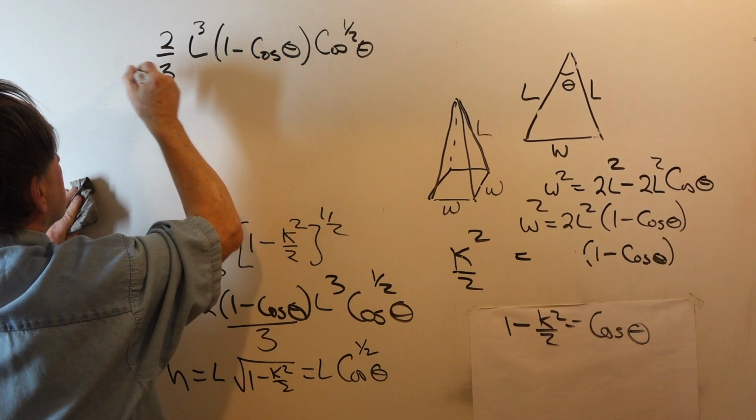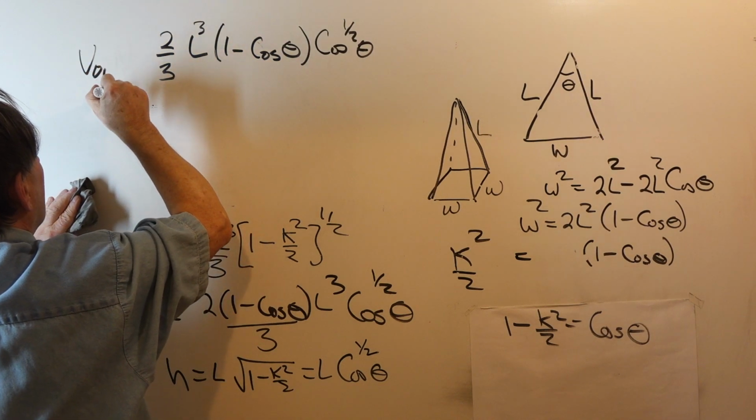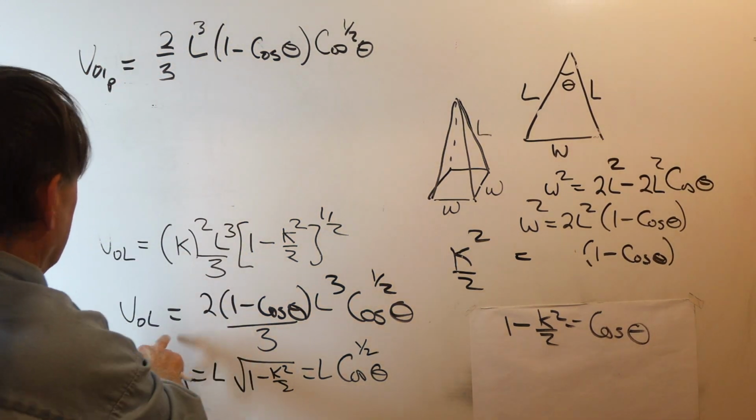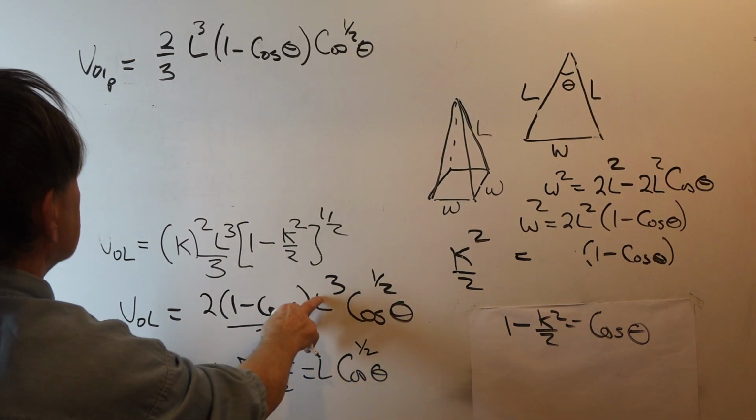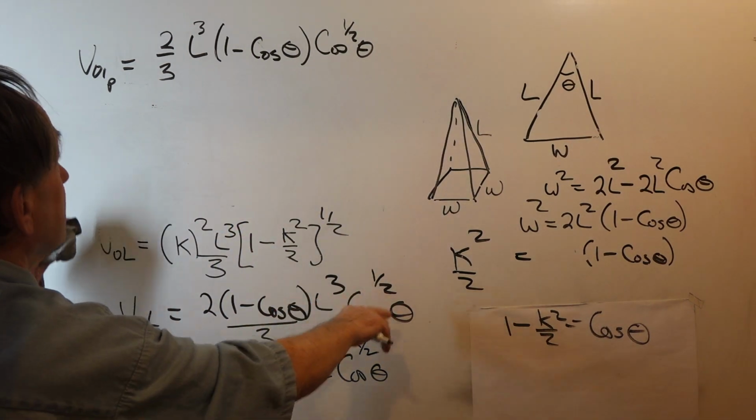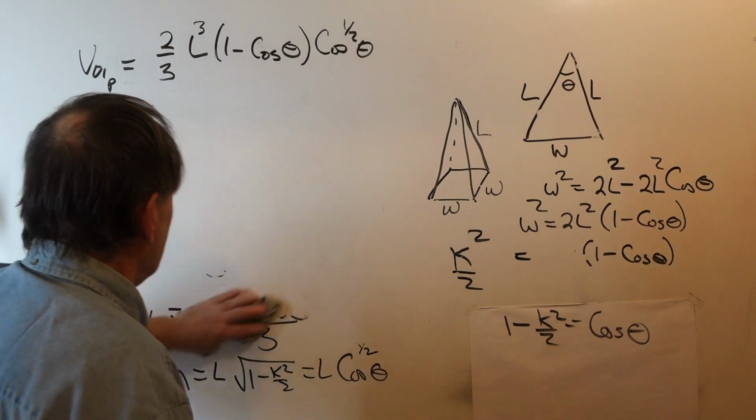So that's the volume of the pyramid. Okay, that's this expression here, 2/3 L cubed times 1 minus cosine theta times the square root of cosine theta.